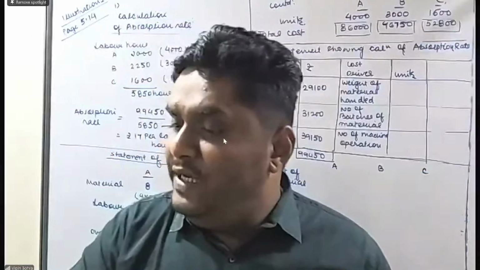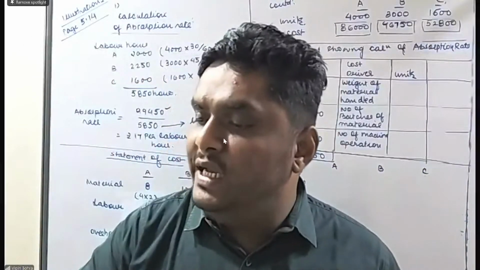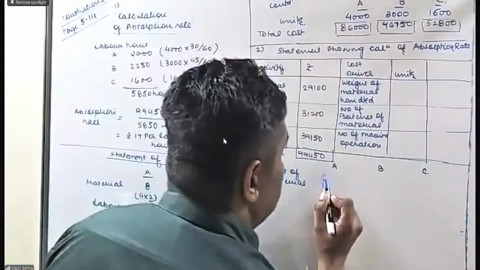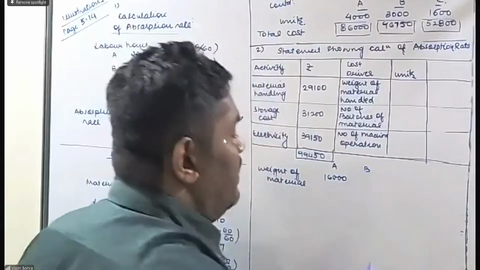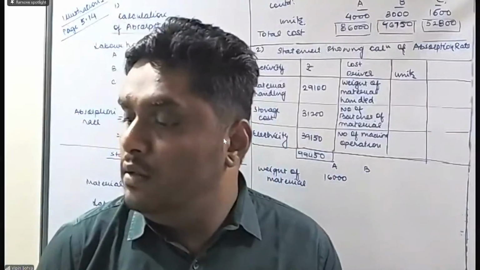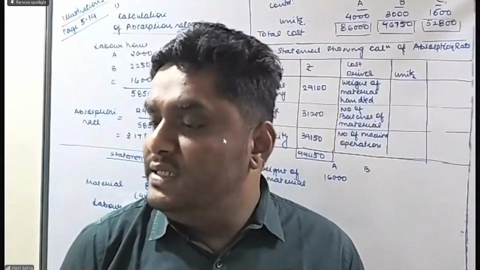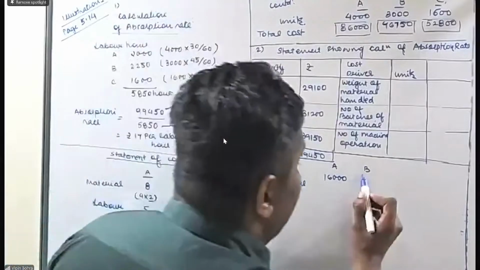For A, the weight of material will be 4,000 units into 4, that is 16,000. For B, it will be 3,000 into 6, that is 18,000.